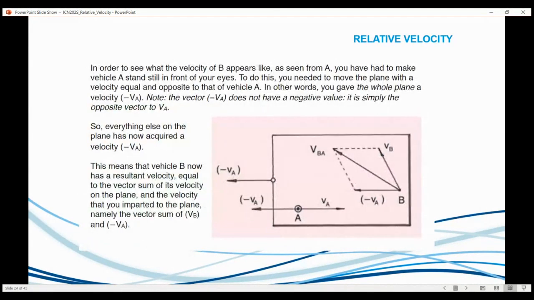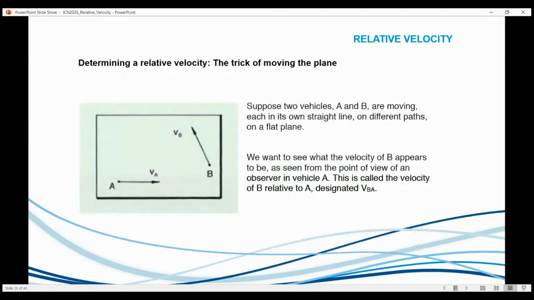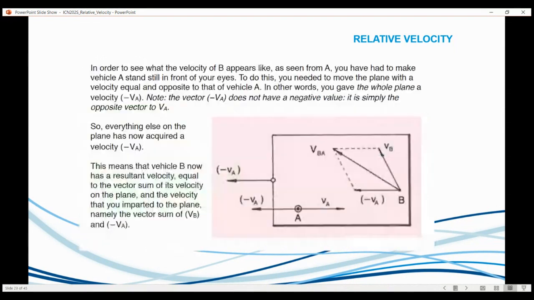So for us to find the velocity of B relative to A, what do we need to do? They say, in order to see what the velocity of B appears to be from A, we have to now make vehicle A stand still.